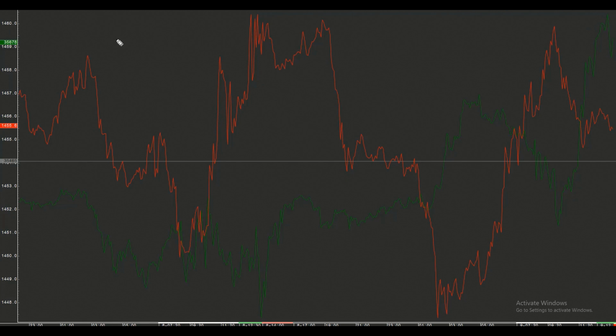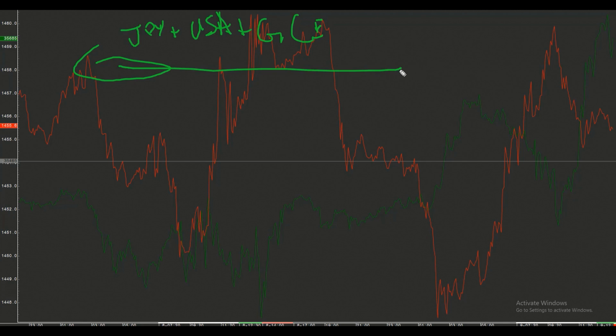So the fear chart is comprised of the Japanese yen plus bonds plus gold. So these are all safe haven assets. This is where money usually runs to when there is a lot of downturns in the market, when the market is usually down, when equities are down.